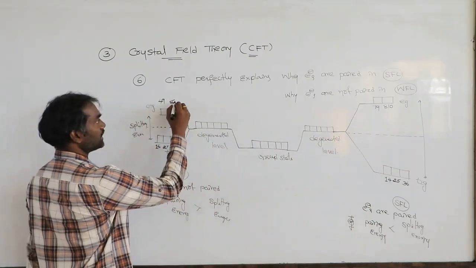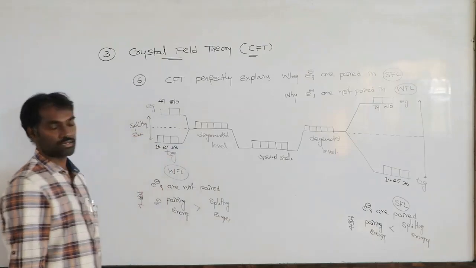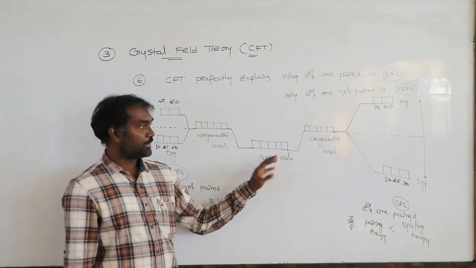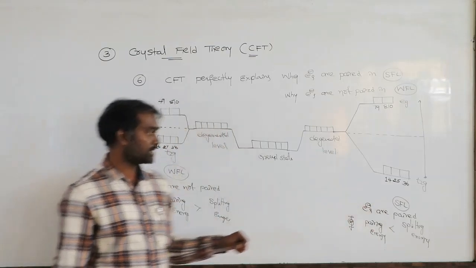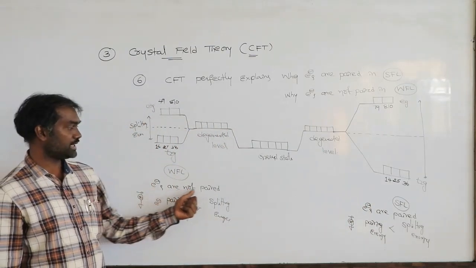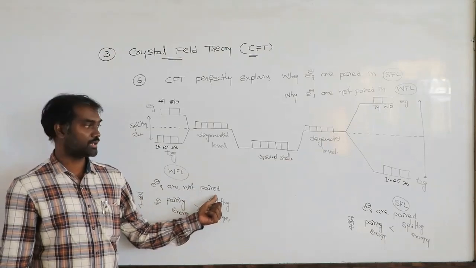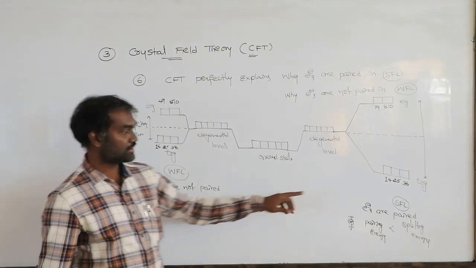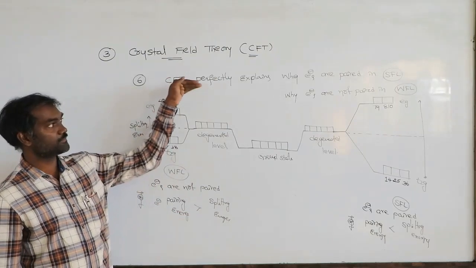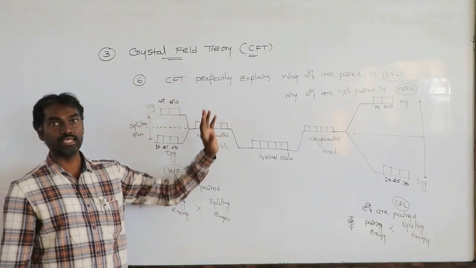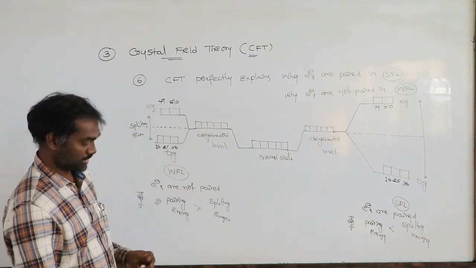Here, the 5th electron combines with the 10th electron. So the main important point: in the presence of strong field ligand, electrons are paired. In the presence of weak field ligand, electrons are not paired. Next, which is a strong field ligand and which is a weak field ligand was also explained in our previous electrochemical series. So that is also over.